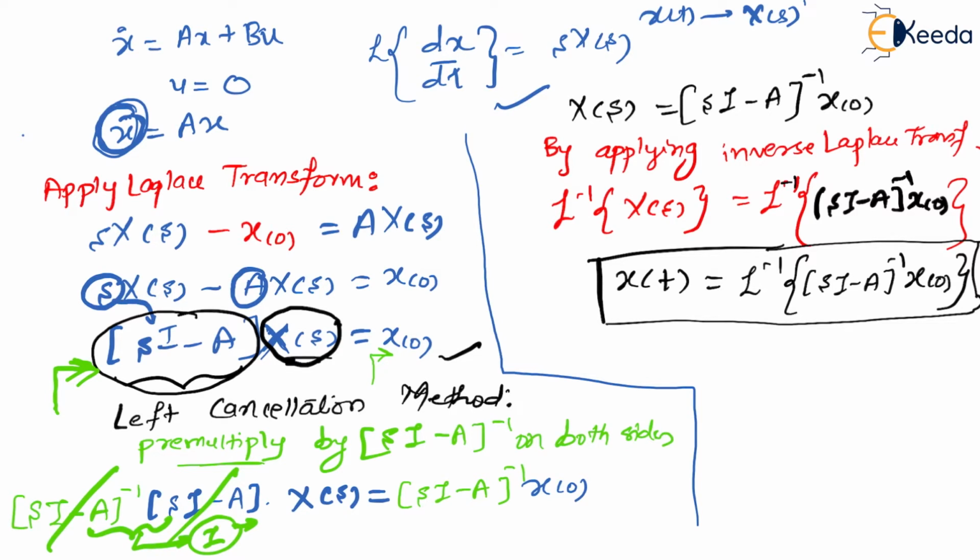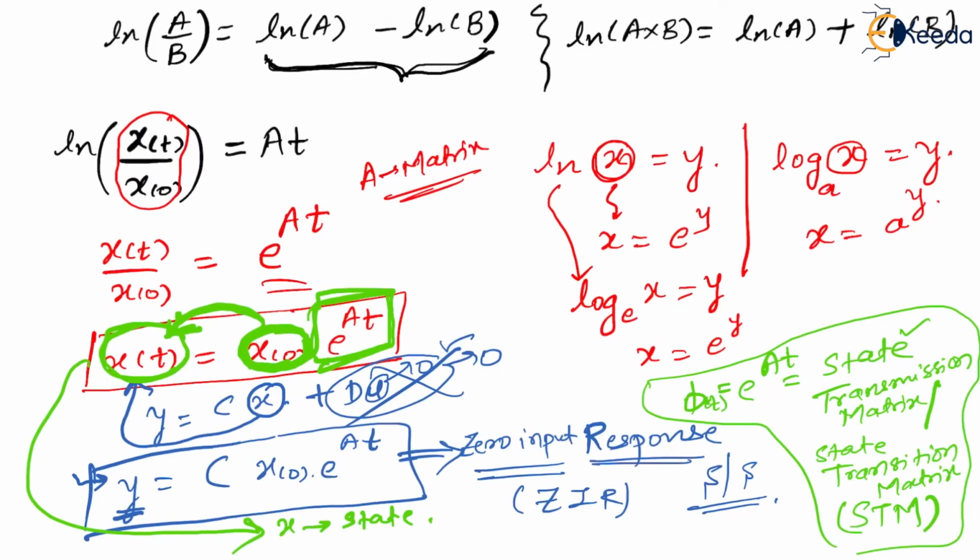This is the equation. Now if you remember the previous equation which we had got, the general equation, this star was our general equation. What is that equation?